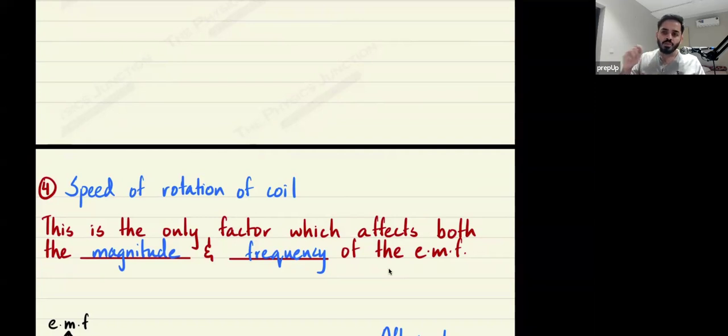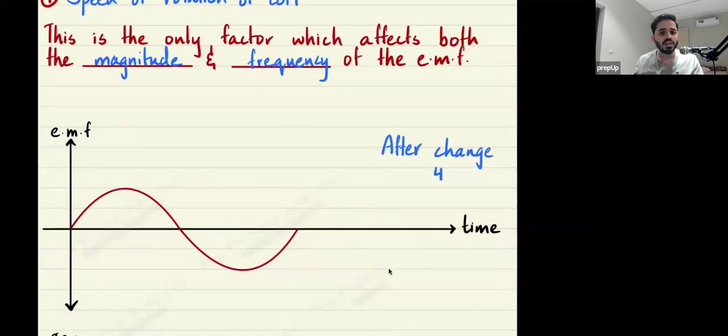But also, if you think about it, if I'm spinning this faster and faster, then that one cycle is also happening faster, so it's taking less time. So not only does the amplitude increase, but the wave also shrinks. Or in the language of waves, I would say that the frequency of the induced EMF also increases.